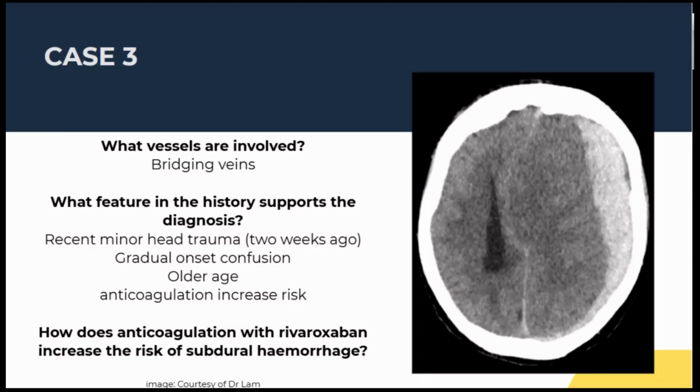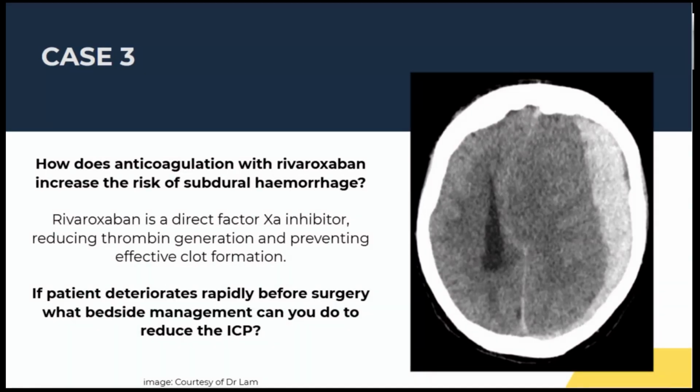Factor 10A is correct, and it interrupts the clotting cascade is also correct. So it's a direct factor 10A inhibitor, and it prevents thrombin from being formed, and so prevents clot formation.